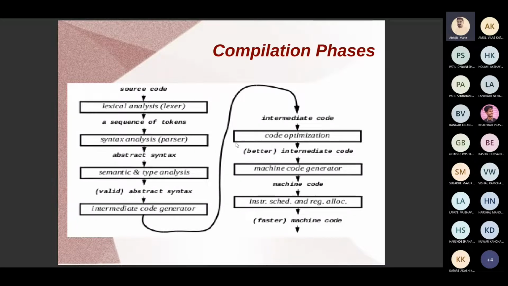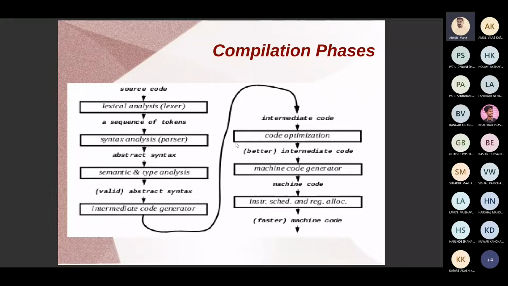So source code goes through lexical analysis, giving a sequence of tokens, then syntax analysis, that is the parser, which generates the abstract syntax tree. Then it passes to semantic and type analysis, which validates the abstract syntax, right? Then intermediate code generation, which goes to optimization. Optimization produces a better, optimized form of the intermediate code, which passes to the machine code generator.